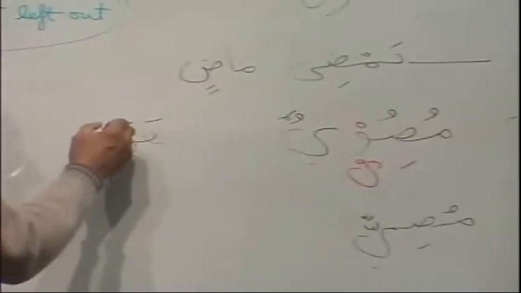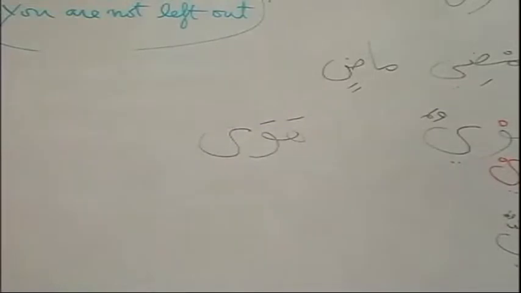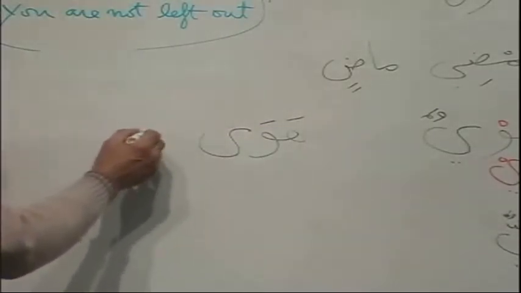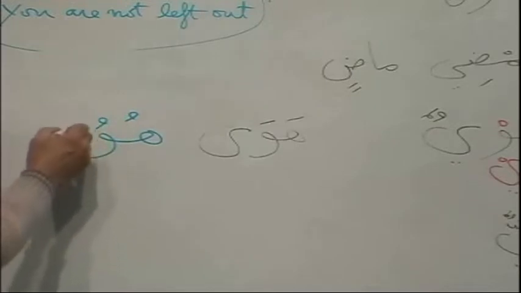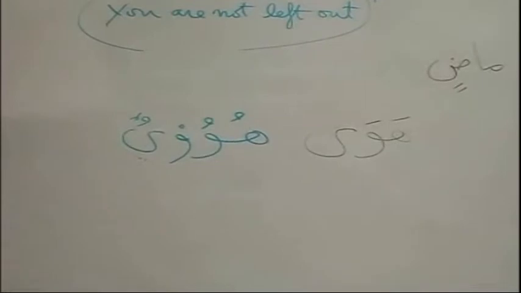What is the next word, brother? Hawa. This is the verb, hawa. Now make the master on the pattern of fu'ulun. How will you make it? Huwuyun. Hu, wu, yun.